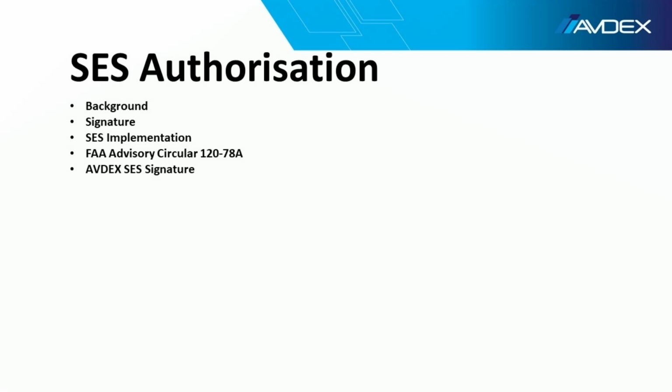CAA New Zealand Advisory Circular AC 00-6, Electronic Signatures, Electronic Record Keeping and Electronic Manuals. Transport Canada AC 571-006, Electronic Signatures and Electronic Exchange of the Authorized Release Certificate, Form 1. RSA ACT No. 25 of 2002, Electronic Communications and Transactions ACT 2002.